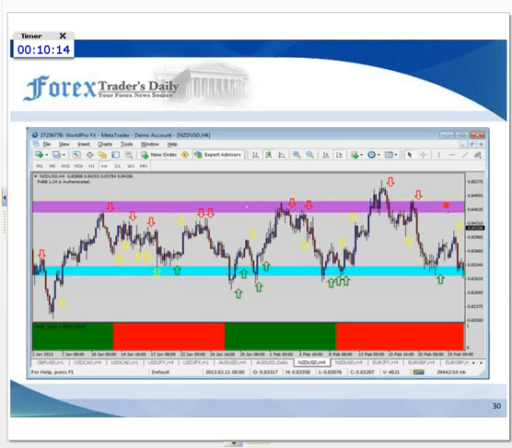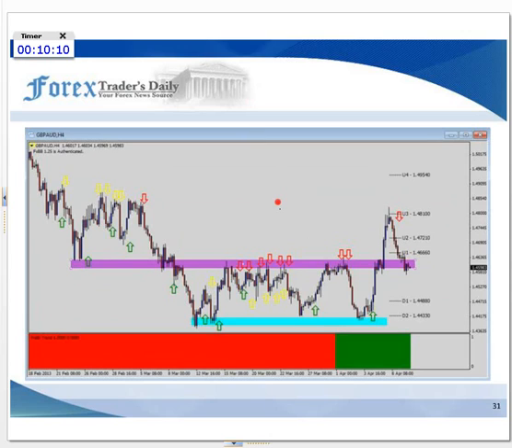Next, moving over to the GBP AUD, the pound versus the Australian dollar. Again, what I'm trying to help you understand is that these areas of support and resistance are the main decision areas where the market is looking for buying and selling. Once we see these areas identified, let's take this purple shaded area and follow it backwards.